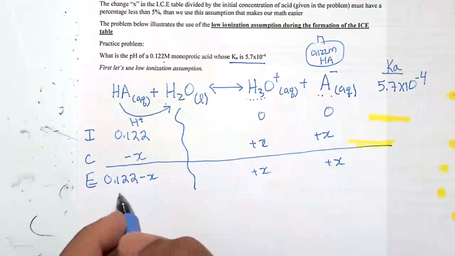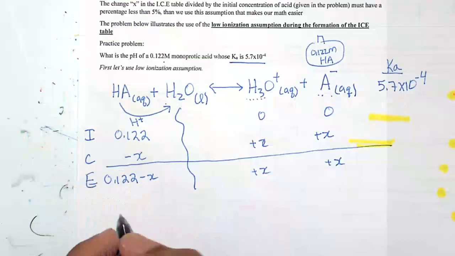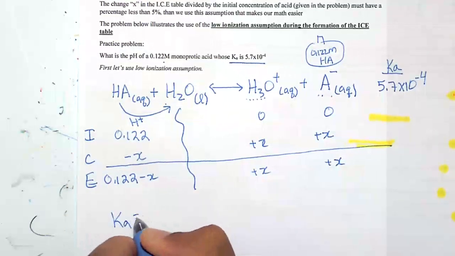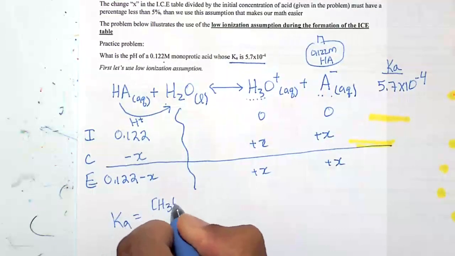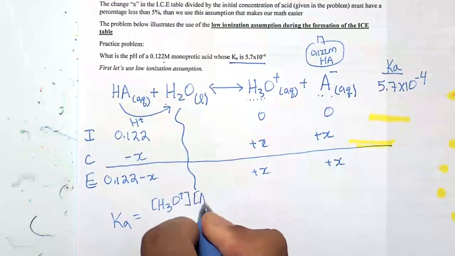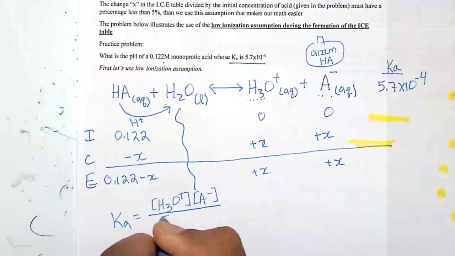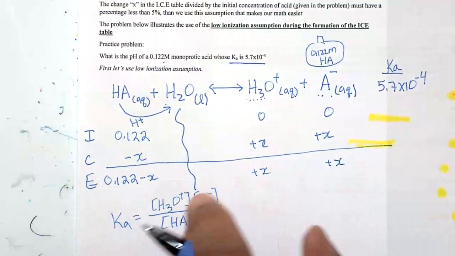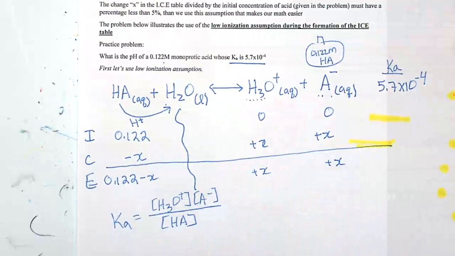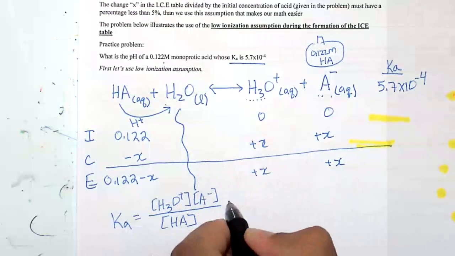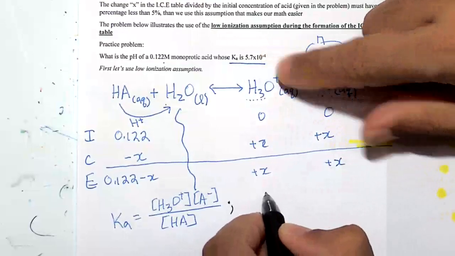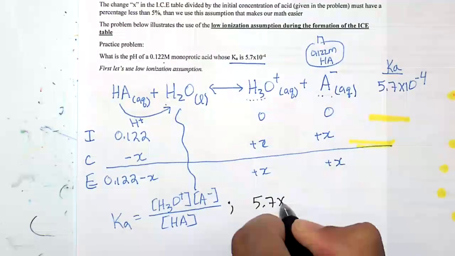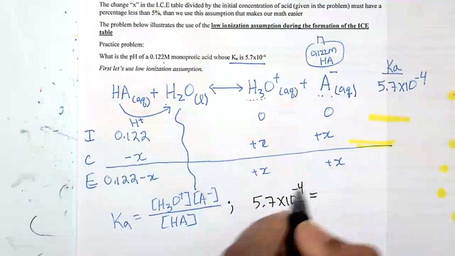Right, so at equilibrium, we'll plug it into the equilibrium expression, which is Ka equal to the concentration of H3O plus times the concentration of A minus divided by HA. We'll plug in these values. The Ka is given to us as 5.7 times 10 to the minus 4.